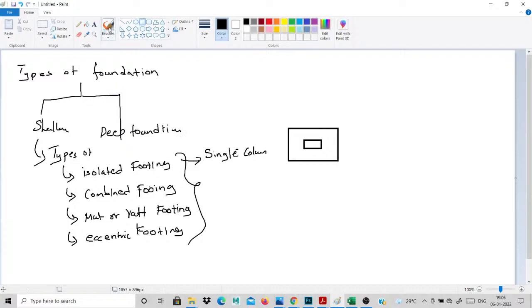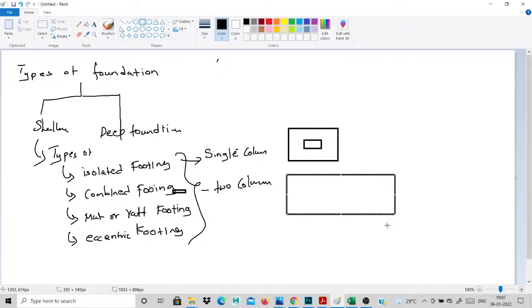The second one is the combined footing. Two columns acting on this footing is called a combined footing. I simply draw my pedestal with two columns, whereas the isolated footing has a single column.